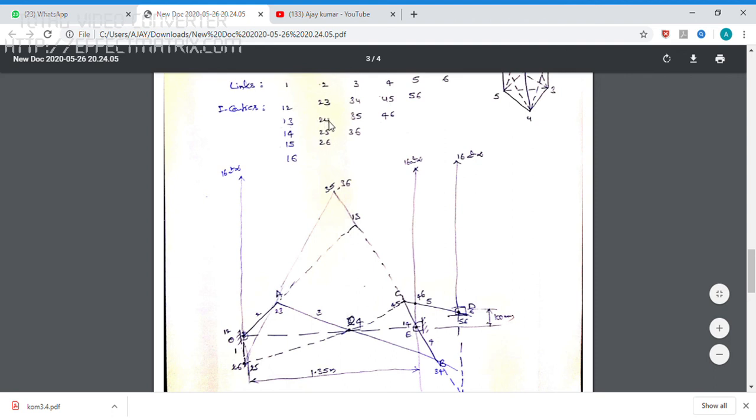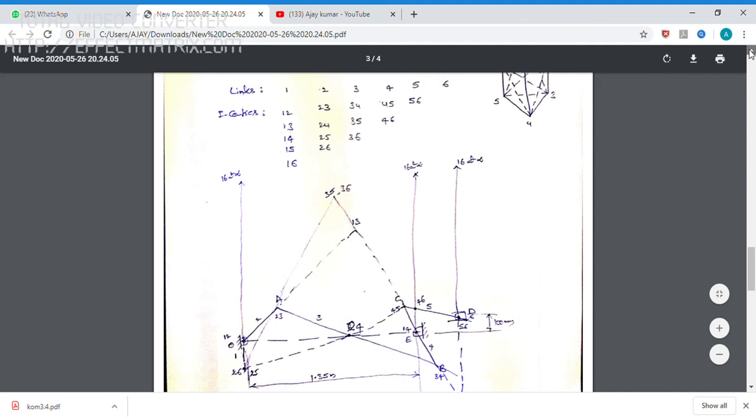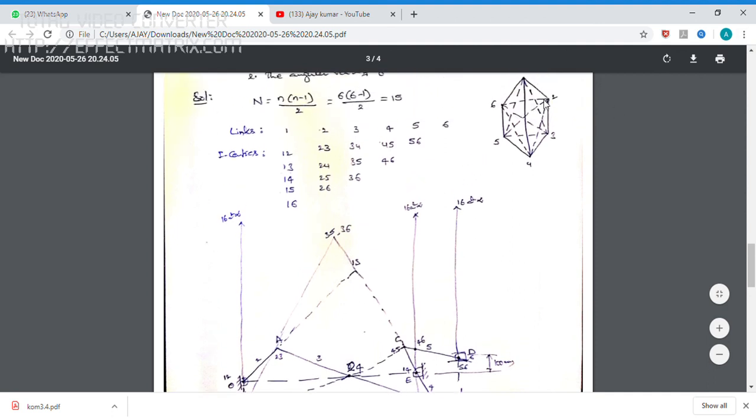2 4. Join the second point with the fourth one. Are two triangles formed here? 2 3 4 is one triangle.